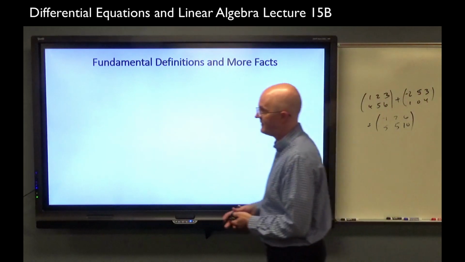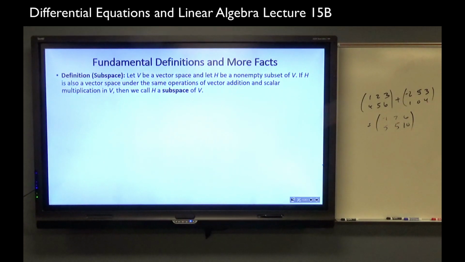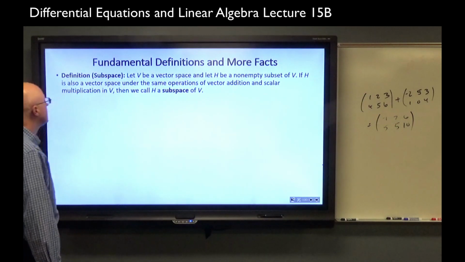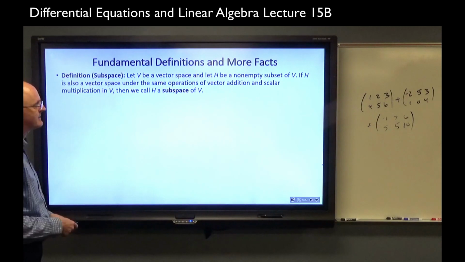Here are some fundamental definitions and more facts. A lot of heavy-duty stuff here in a short amount of time. We will go into more depth in lecture 16b. We'll have more time for it. Definition of a subspace. Let V be a vector space, and let H be a non-empty subset of V. It's not empty, so it's got at least one element in it.